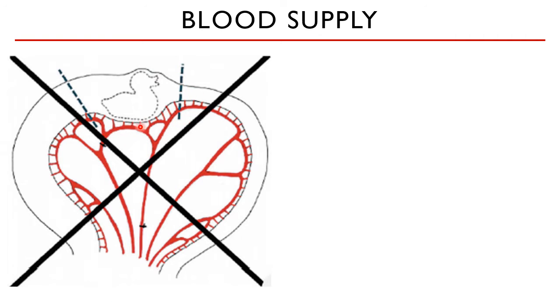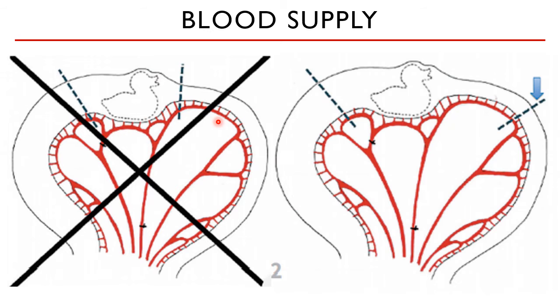Since you will be taking this segment out, you need to prioritize that the blood supply, or the artery and the vessels, would be very close to the edge of your transection.